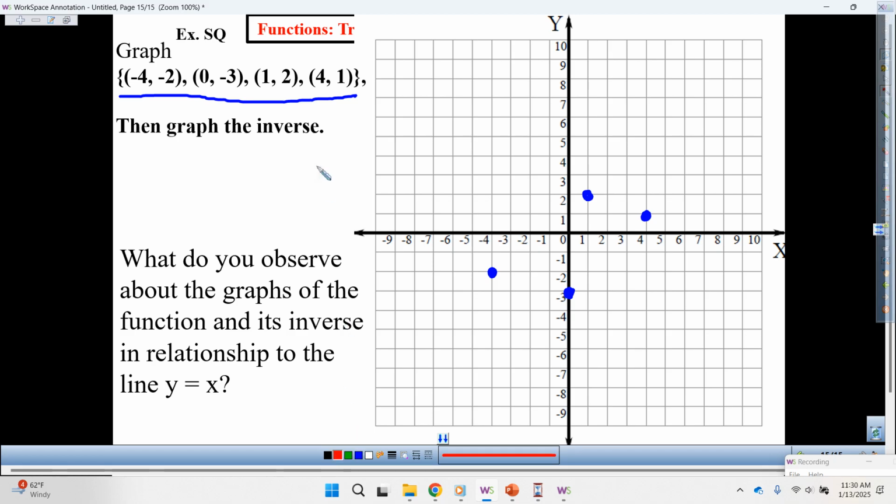Okay. But then I'm going to switch to red, and then they want me to graph the inverse of this. Think about it. What shall I write here to graph the inverse of that? Talk to your neighbor. What do I write? All right, check with your neighbor.